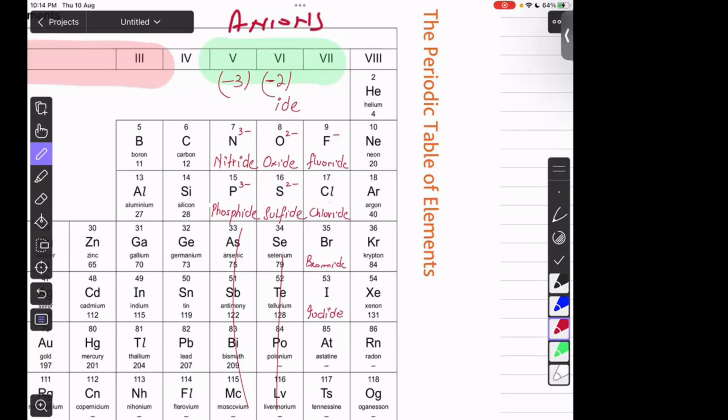Group 6 -2 charge बनाते हैं, group 7 -1 बनाते हैं. पहले भी लिखे थे हमने. These are ions, not radicals.